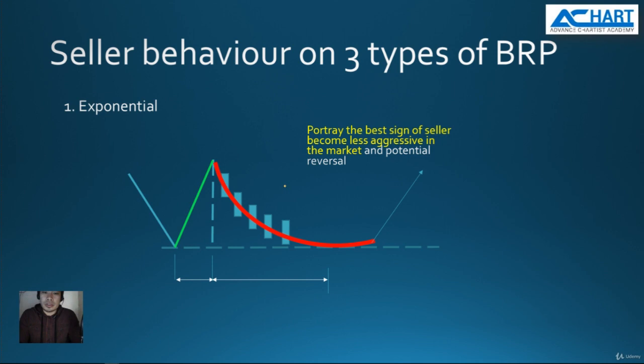This has been proven a lot in the pattern. You can see the second type is the seller, and this portrays the second best sign of the seller becoming less aggressive.